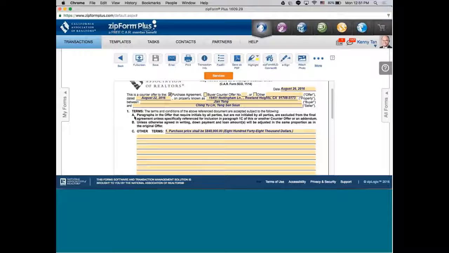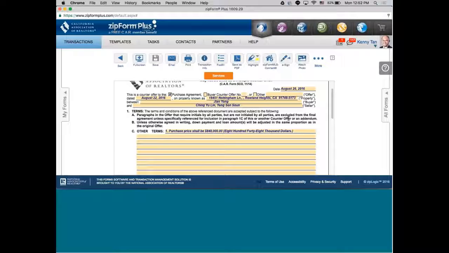A and B still require that all the initials by the parties are initialed. It says the paragraphs in the offer that require initials by all parties but are not initialed by all parties are excluded from the final agreement. Now, this is very important because, if you're ever in a lawsuit and the attorney is looking for a loophole to not perform a contract, the attorney goes back to the offer and checks all the initials and all the signatures.